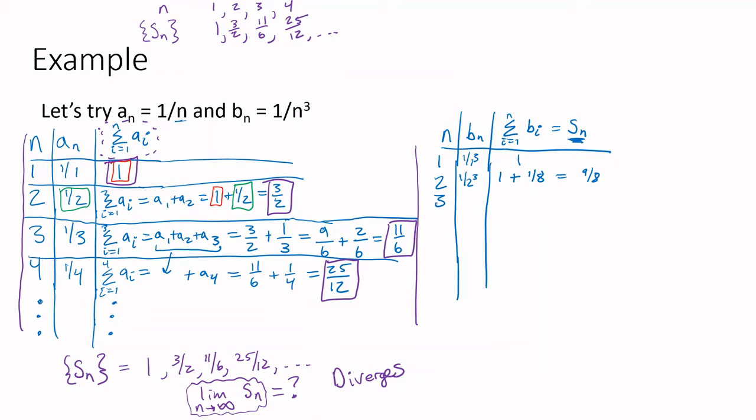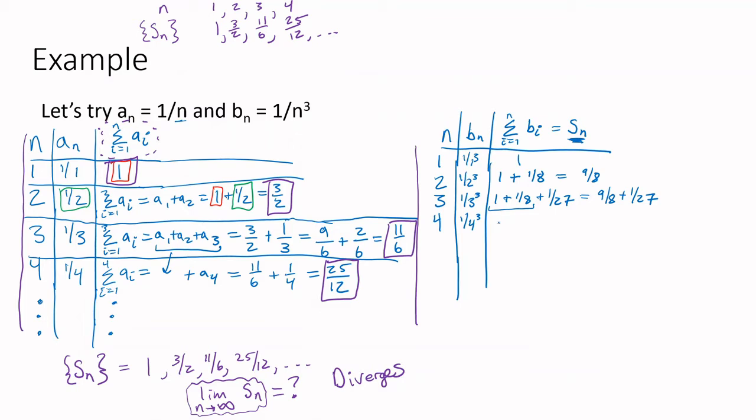Now 3 would be, I plug in, and I would get 1 over 3 cubed, which is 1 over 27. So that's 1 plus 1 over 8 plus 1 over 27. But remember, we're just building off the previous term, right? So I know that this first piece is just 9/8 plus 1 over 27. And then the next one, this is 1 over 4 cubed.